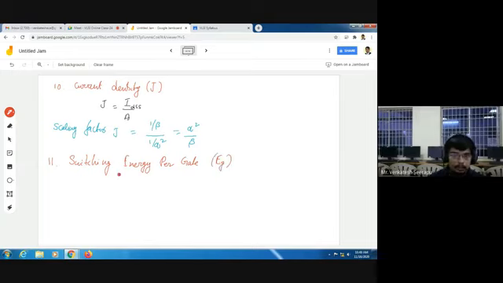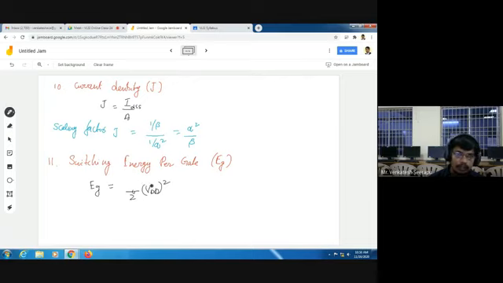I will give the formula. All of you calculate the scaling factor now. The formula is CG by 2 into VDD square.